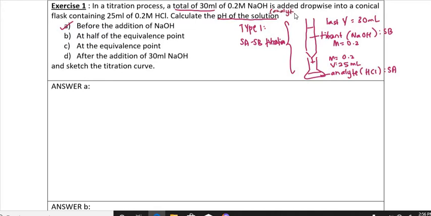That I told you before, always we refer to the pH of analyte. For this case, before you added sodium hydroxide, what's the pH in this conical flask? This I refer to the question number A.